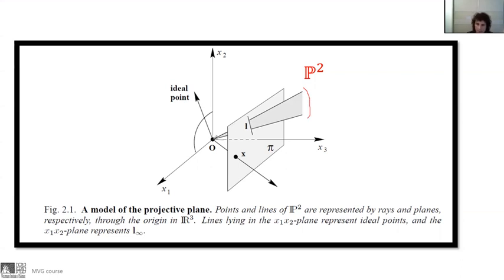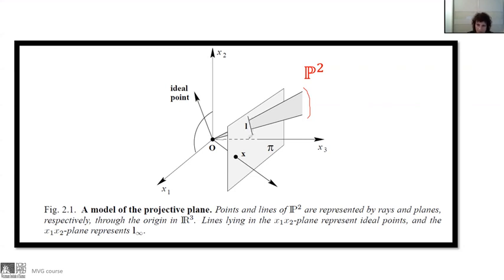To understand which line, you can take the plane of the line and cut it with z equal to 1, and see which line it is, okay?